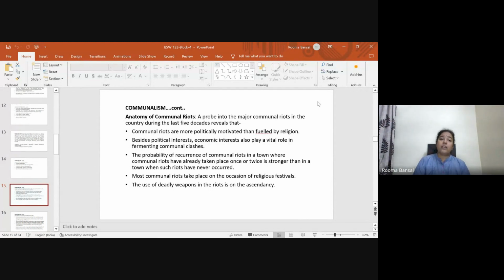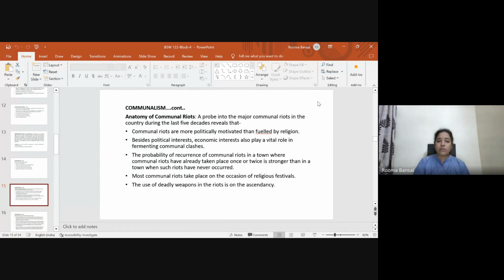So when the verdict was about to come, high chances were there that again communal riots could occur. Small cities, you can take the example of any small city of MP or UP like Satna or Jabalpur or Mandla or Damoh, do not have that kind of probability because they have never faced this kind of situation in the past.